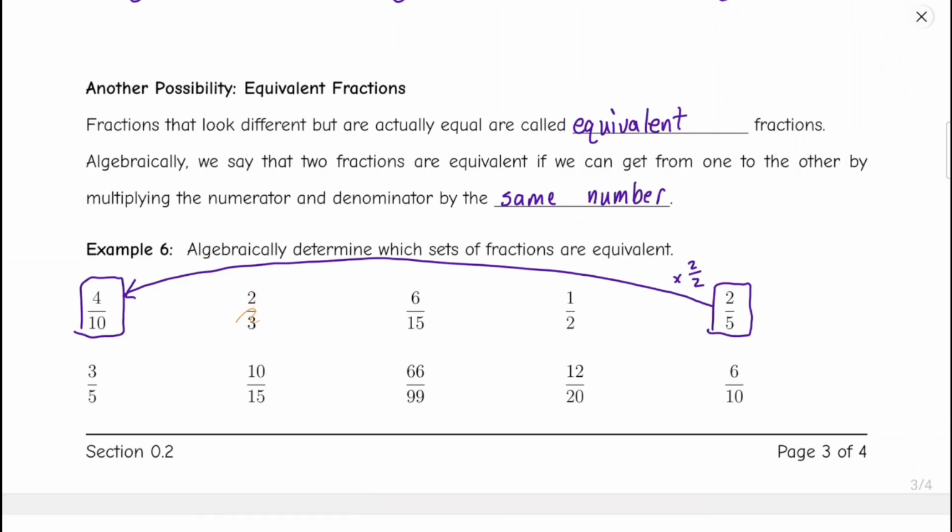Now 2/3 is equivalent to 10/15, because if we multiply by 5/5, we'll get the 10/15.